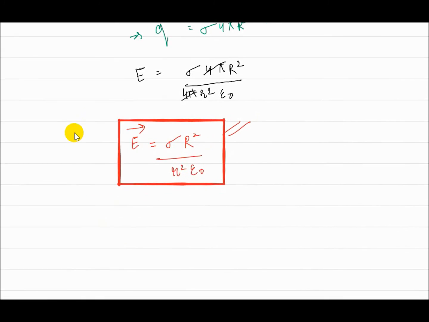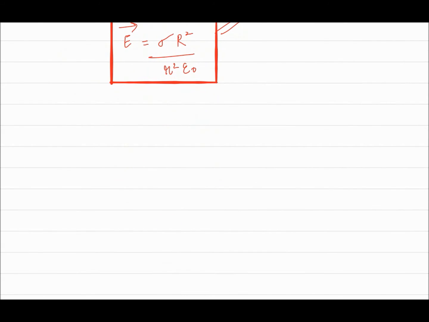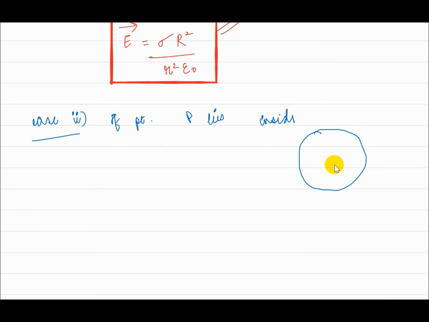Now we'll take case 2. If point P lies inside the sphere. So this is the sphere of radius R, and if the point P lies inside, if it lies here, so this is the area, the electric field is in this direction.